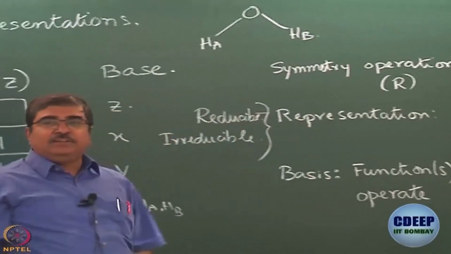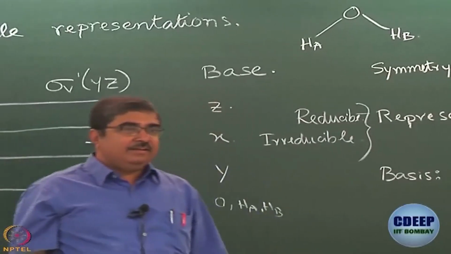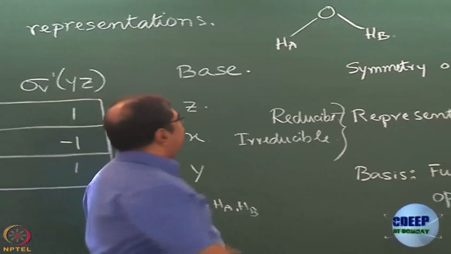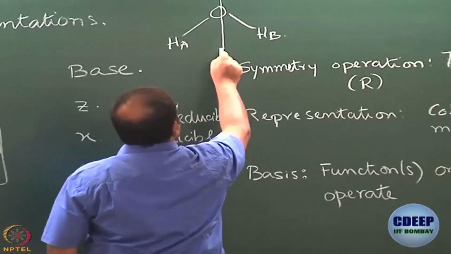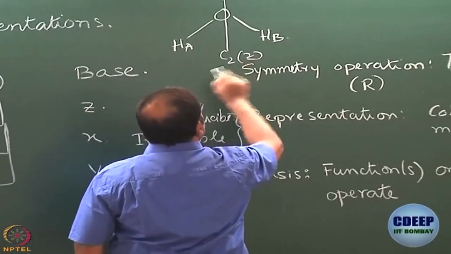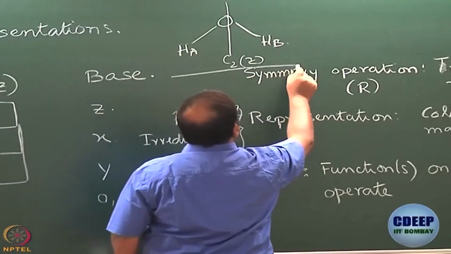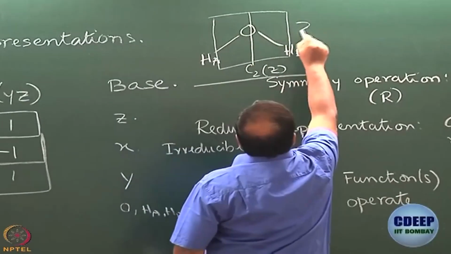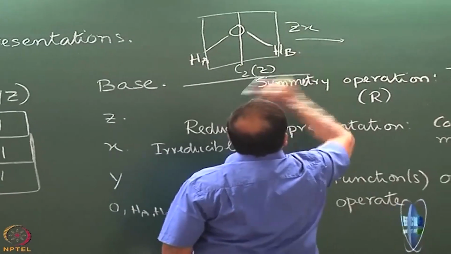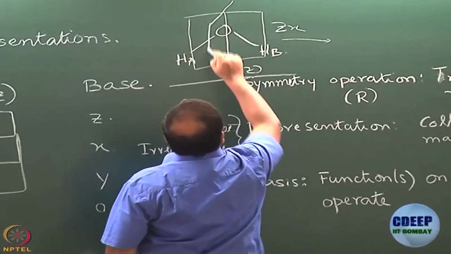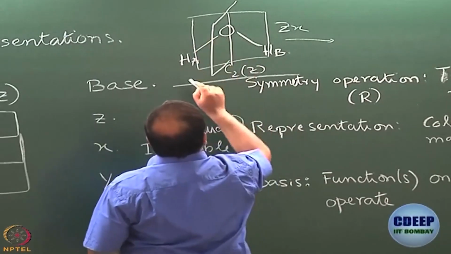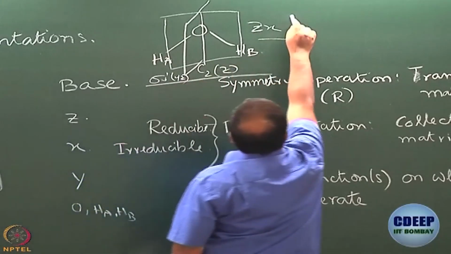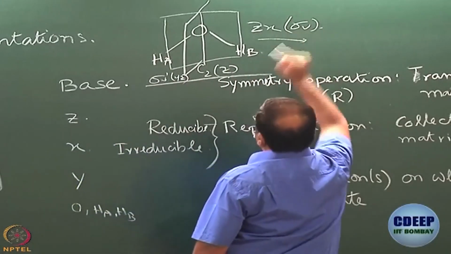I have labeled the 2 hydrogen atoms A and B, and just to remind us, this one is C2 which is aligned with the z axis. This is the molecular plane zx, which means the x axis is along this direction. This is your sigma v dash, which is yz. So, this we call sigma v.